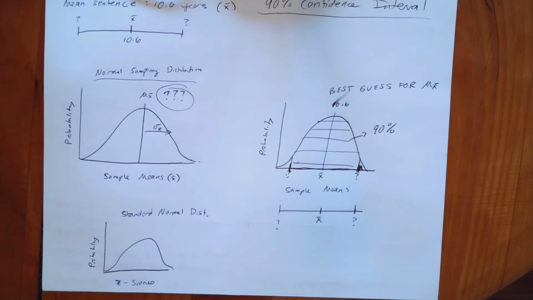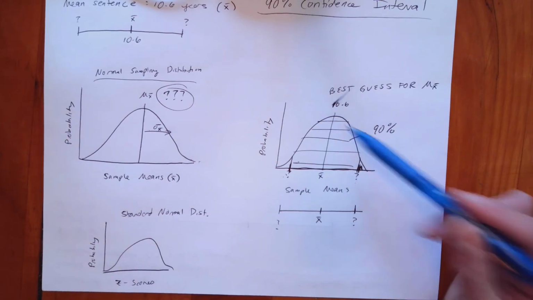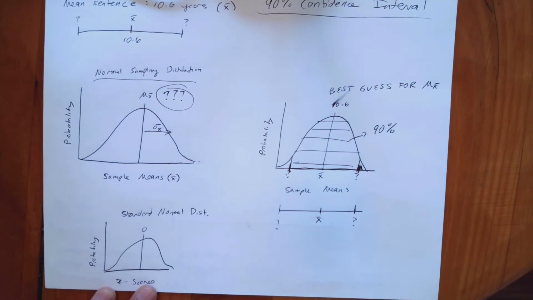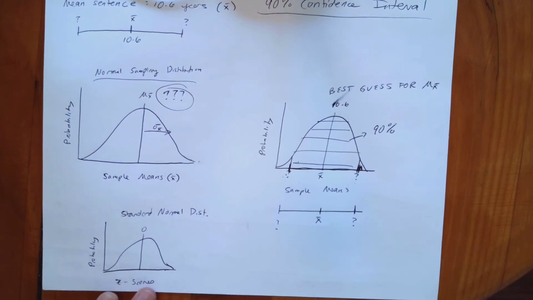Like I like to say, this is like going from feet to inches. The only thing we're changing are the units that we're counting in. So instead of counting in years like we are here with a mean of 10.6, now we're counting in z-scores. So of course we have a mean of 0, and we also have a standard deviation of 1.